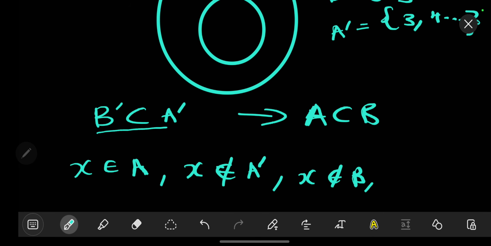Then the only thing that will be there is that X must not be a member of B complement.